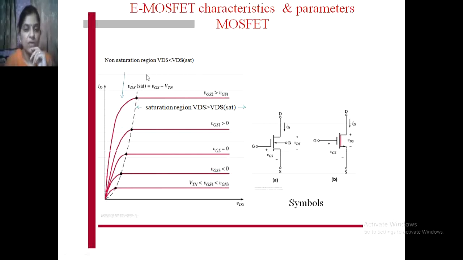Once again we are going to summarize these characteristics of E-MOSFET as well as the parameters. So ID versus VDS, where VGS is positive. This is the ohmic region, that is the non-saturation region, and this middle one shows the saturation region for the various VGS values.